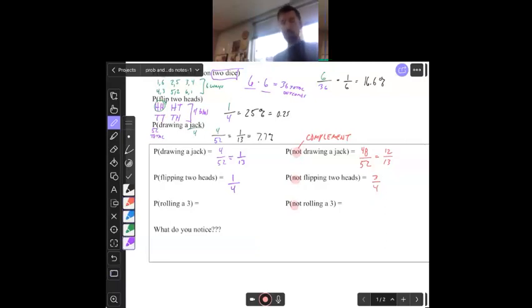I changed the next one a little bit. Probability of rolling a 3. There's one way to roll the 3 when you roll a die, and 6 total things that could happen. So what's the chance of not rolling a 3? Well, there's 5 things that are not 3 on a die out of the 6 total things.